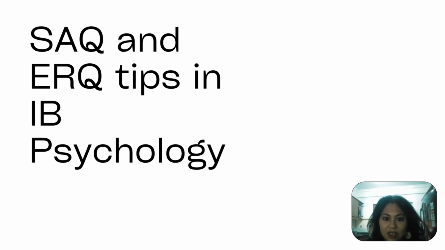Now, when it is an evaluate question, there is an additional thing which you have to do apart from evaluating your research studies, and that is evaluating your theory. So if you evaluate your theory for your discuss question, you lose some marks because you're not supposed to do that. You are supposed to give a holistic understanding, right? A holistic lens.